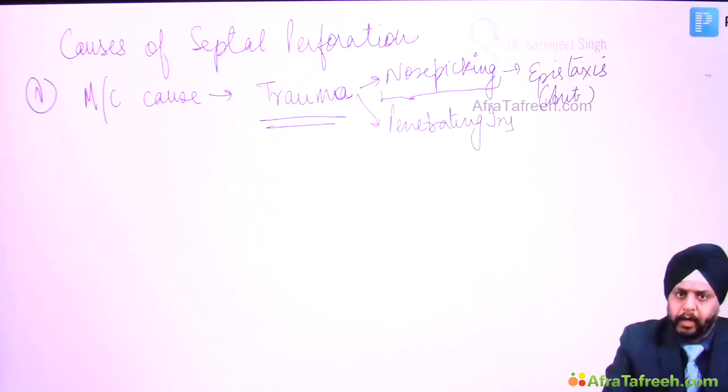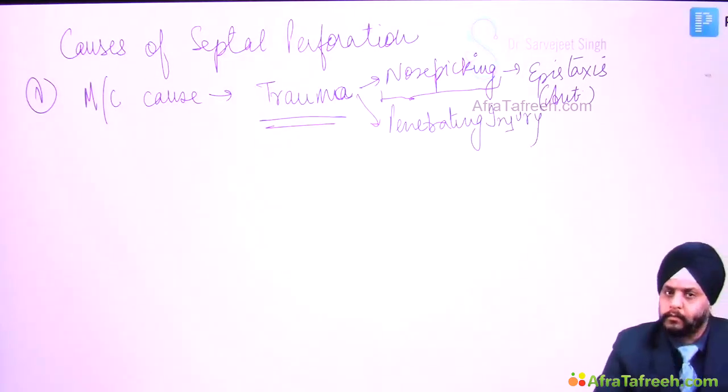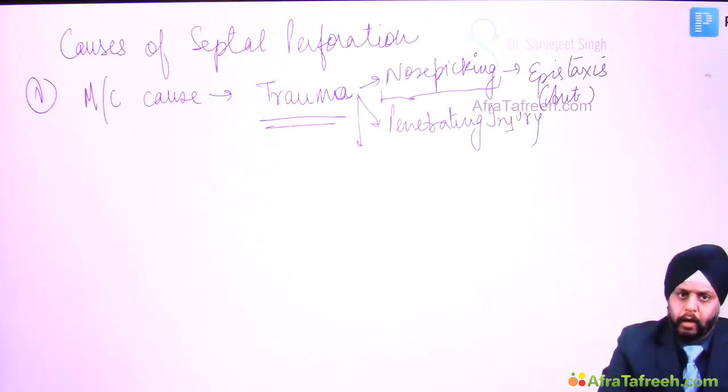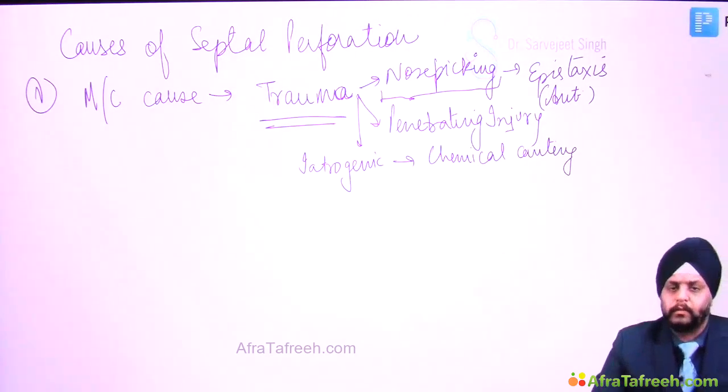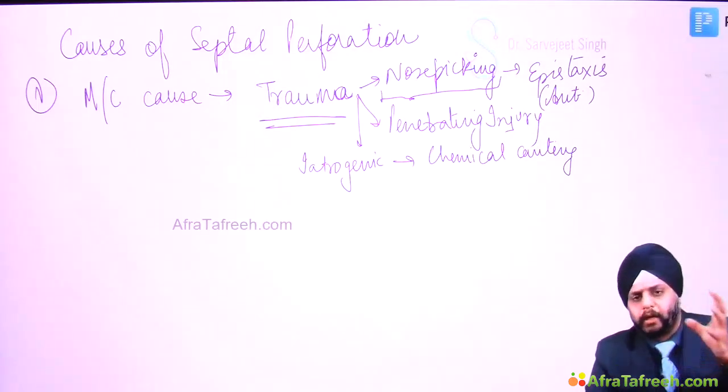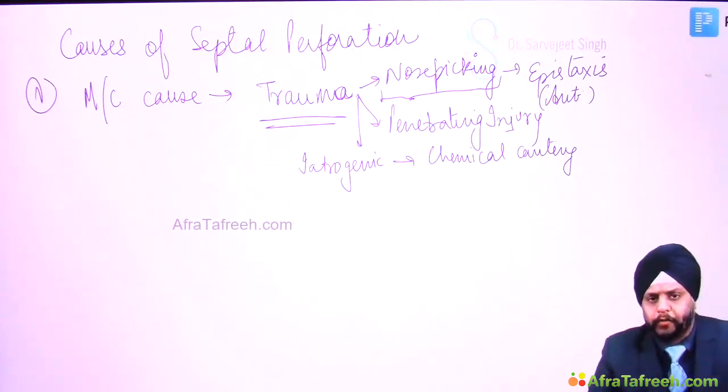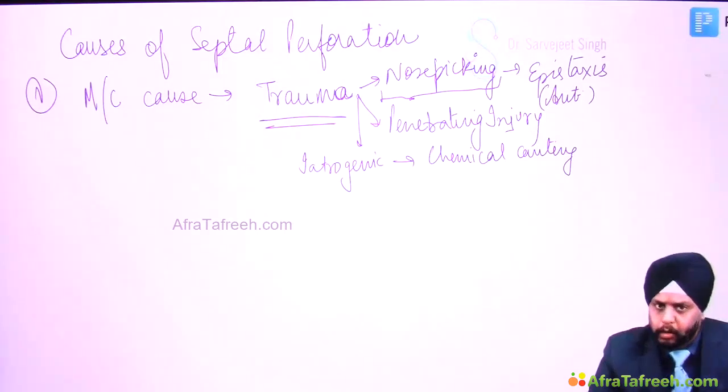We have penetrating injury. We have iatrogenic injury. Iatrogenic injury means, suppose you do repeated chemical cautery. Again you are trying to damage the blood vessels, so that place may undergo necrosis if you use too much chemical or repeated chemical cautery.